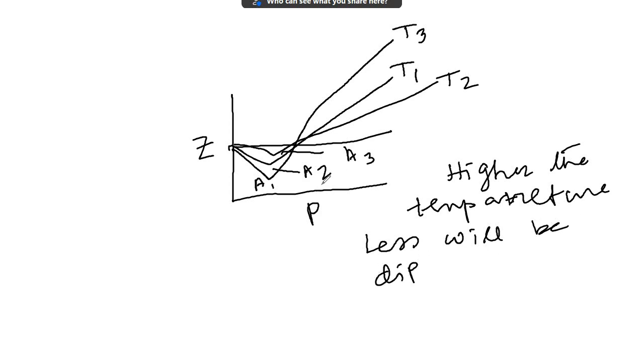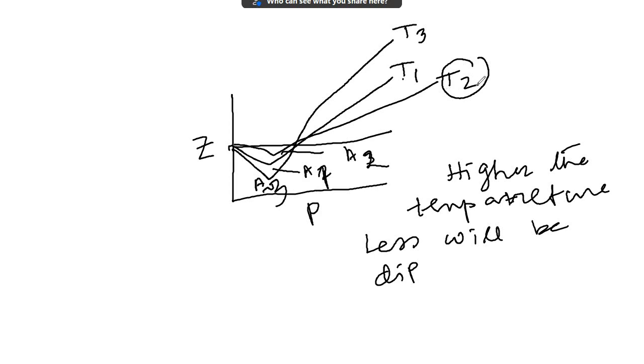In this case, the dip is minimum at A2, corresponding to temperature T2, at A1 the dip is more than that at temperature T1, and at A3 the dip is maximum, temperature T3.